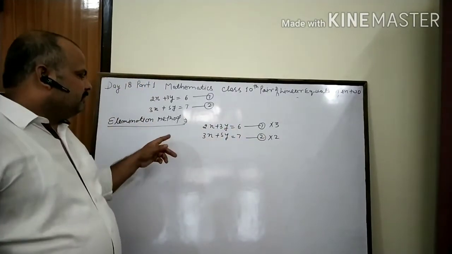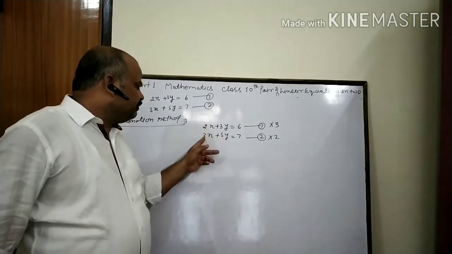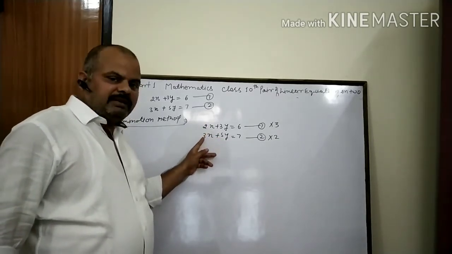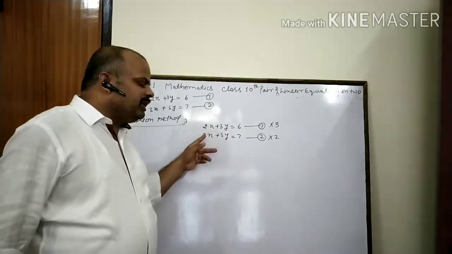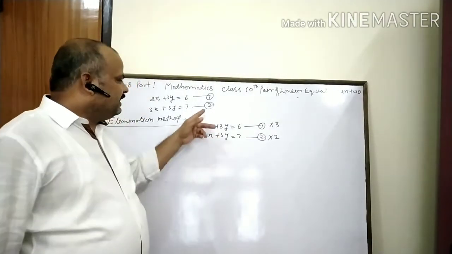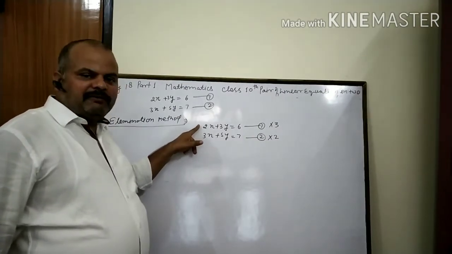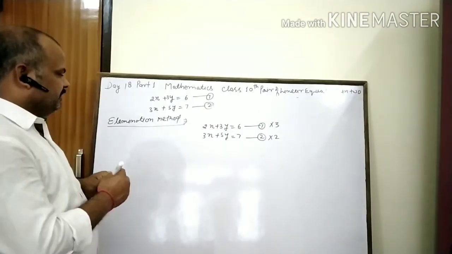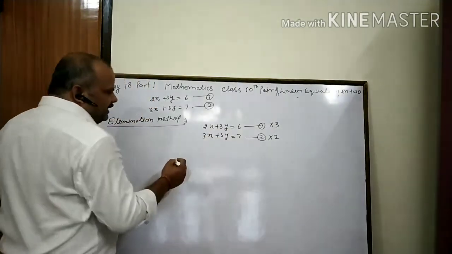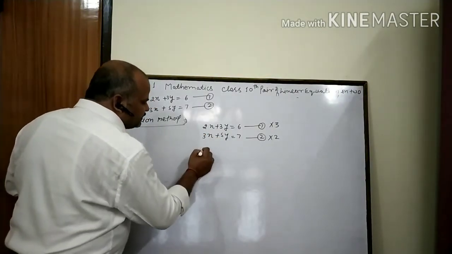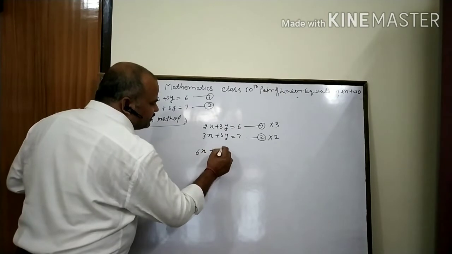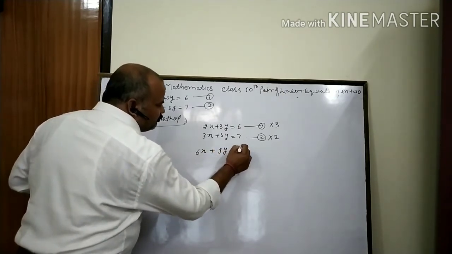In this way, in equation 1 we multiply with 3 because we want to equate the coefficient of x, and in equation 2 we multiply with the coefficient of x from equation 1. If you multiply, 3 times gives 6x plus 9y is equal to 18.